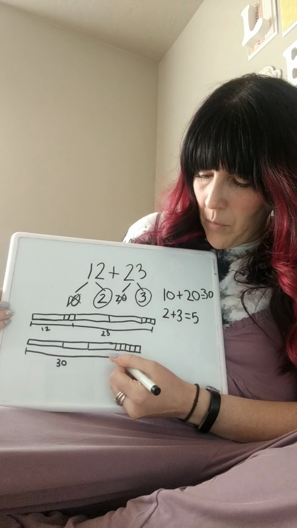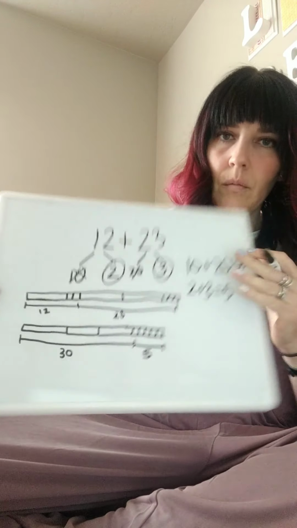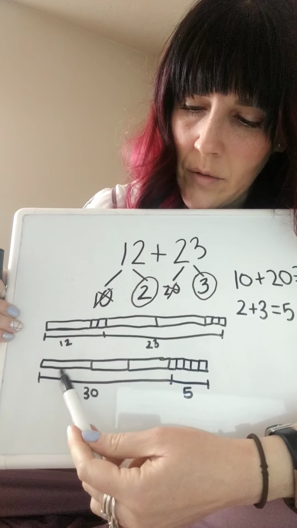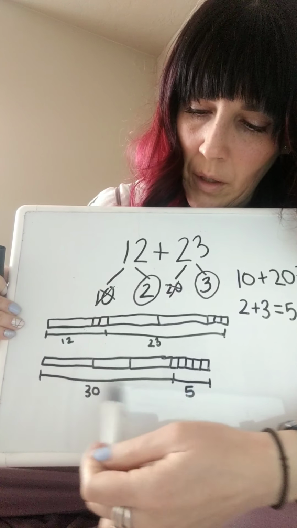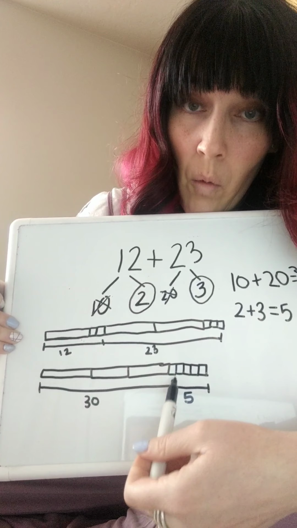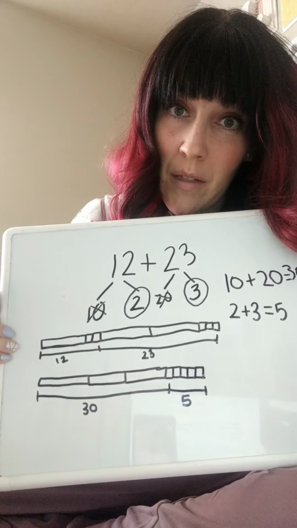And what does that give me a total of, boys and girls? So there's my 10s and my 1s. So here's my 10 plus my 20, and that gave me 30. So I combined my 10s. Then I combined my 1s. 2 plus 3 is going to give me 5. Now what do I need to add together?